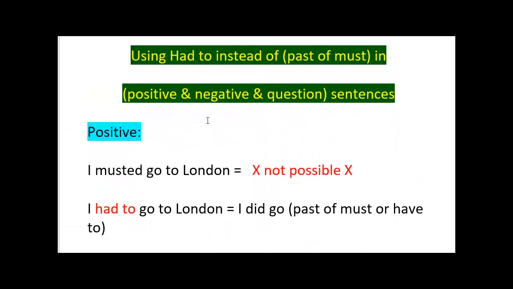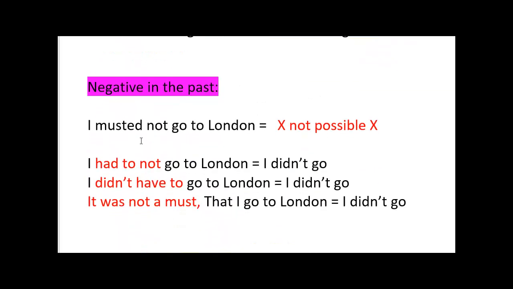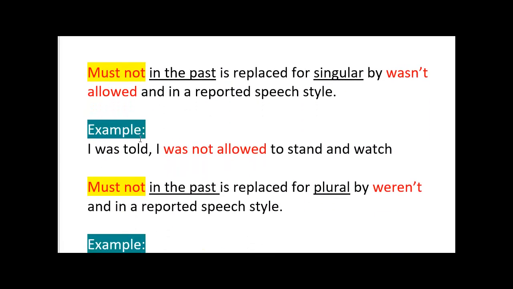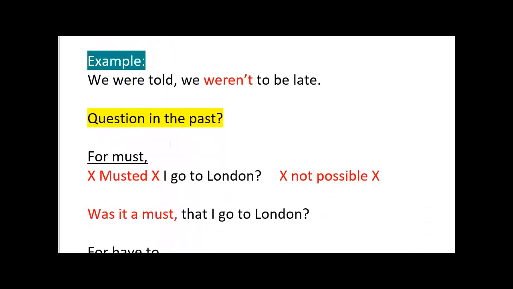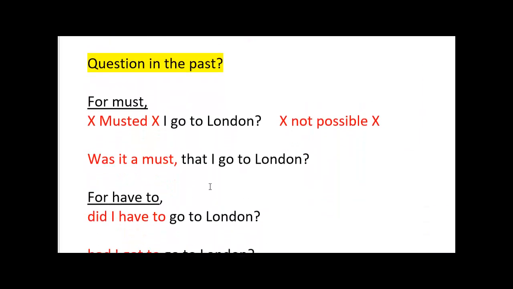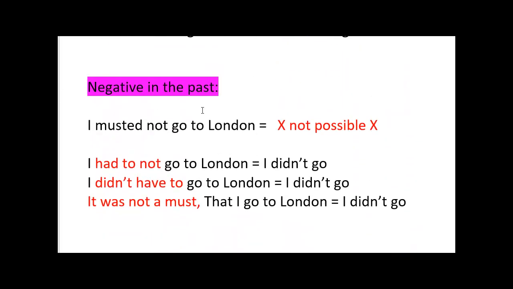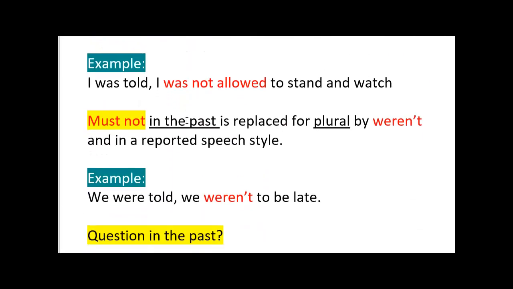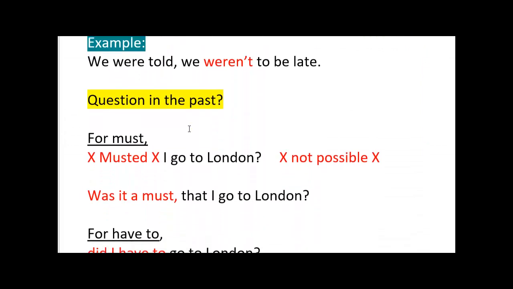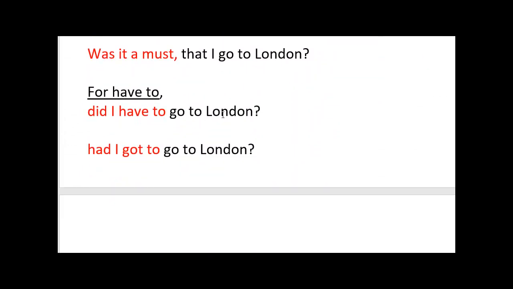We also talked about the usage of had to in positive, negative, and in questions. Okay, all of them in the past, because we use had to instead of musted. We don't have to use musted. We use had to. Okay.